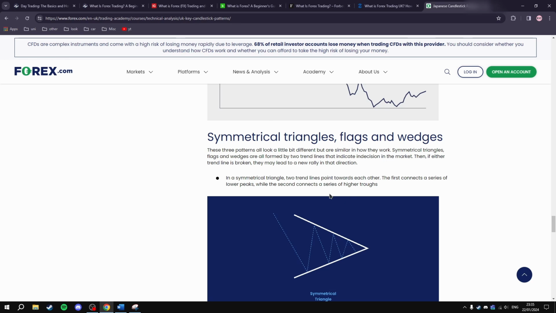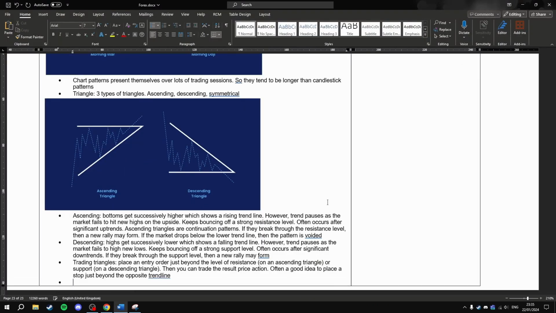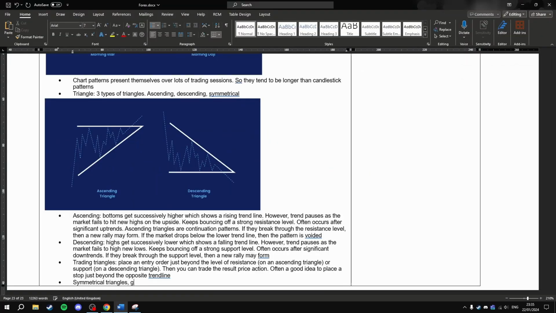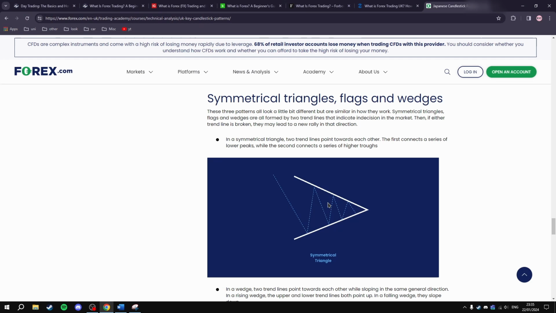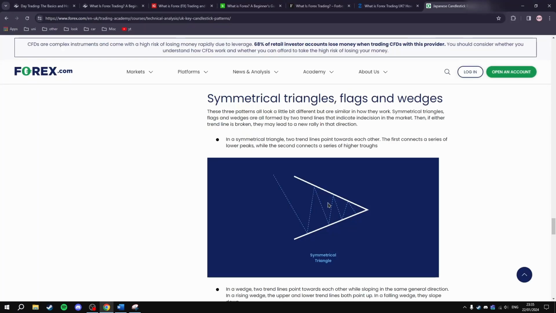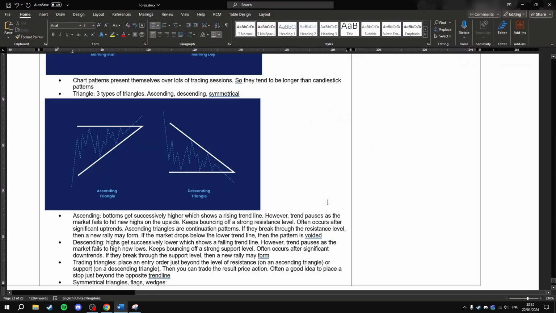These three patterns all look a little bit different but are similar in how they work.